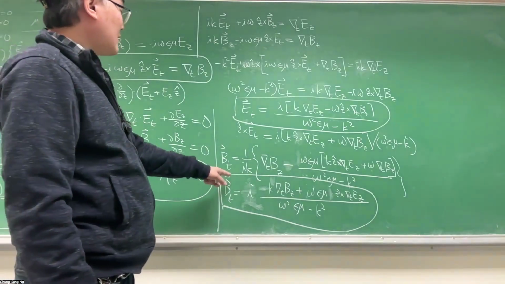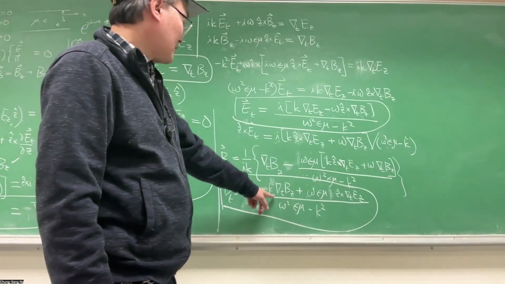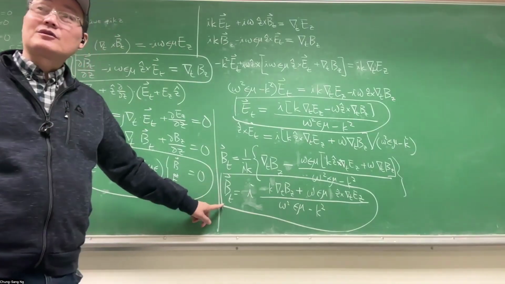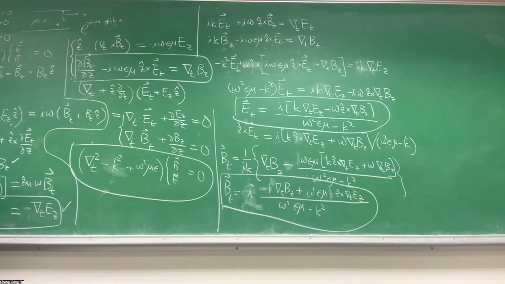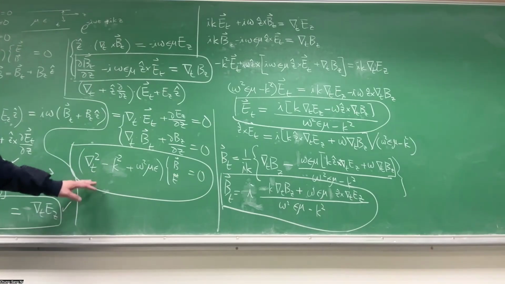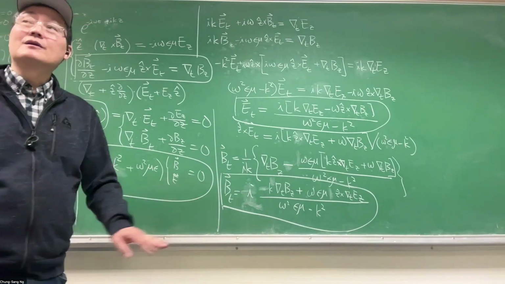Again, you can just plug in the formula, do some derivative, and then you can have the expression for e sub t and b sub t this way. Okay, so that basically is saving some steps. Instead of solving every component by the differential equation, you just solve for the 2 components b sub c and e sub c.